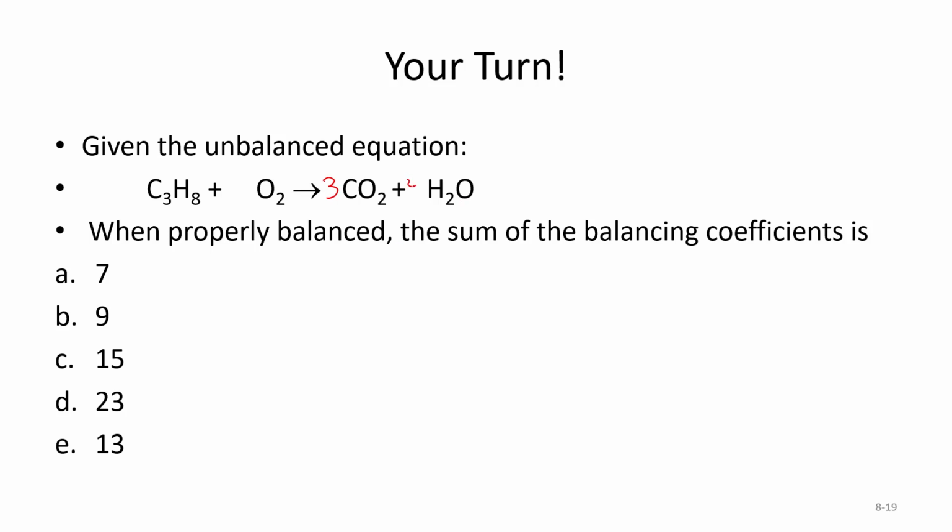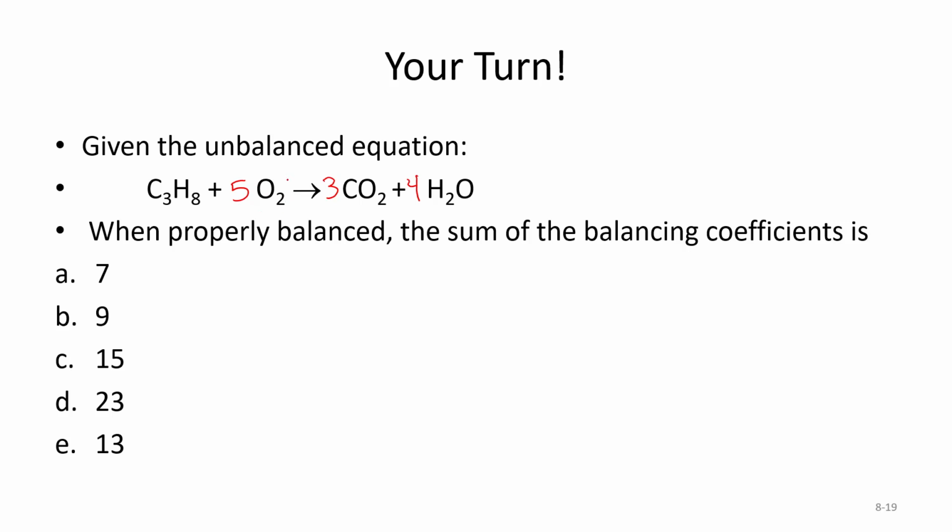So in order to get to 8, we're going to have to put a number 4 there, because 4 times 2 is 8. We have 2 oxygen over here, and we have 3 times 2 gives us 6, plus 4 gives us 10. So we are going to have 5 oxygen over here.